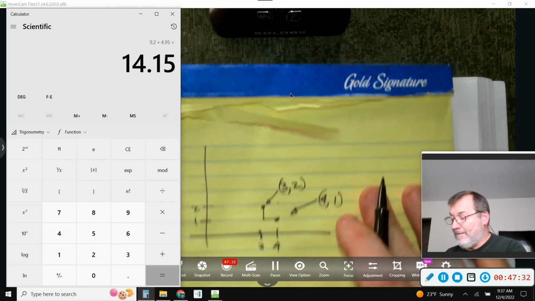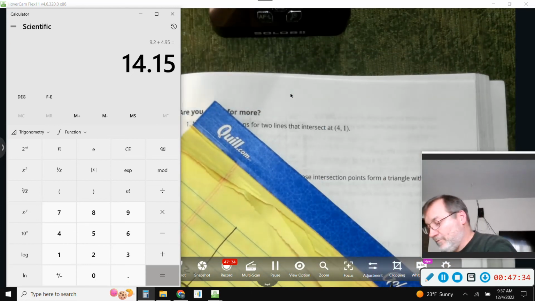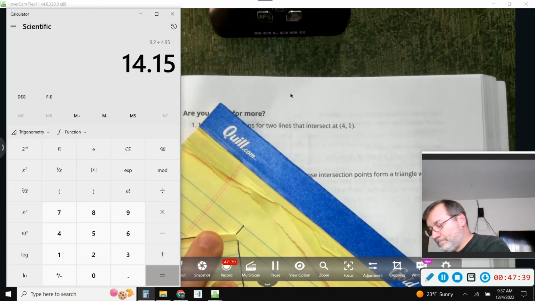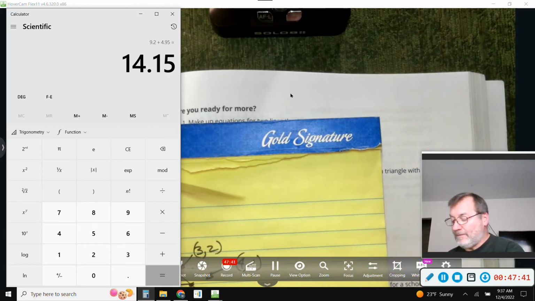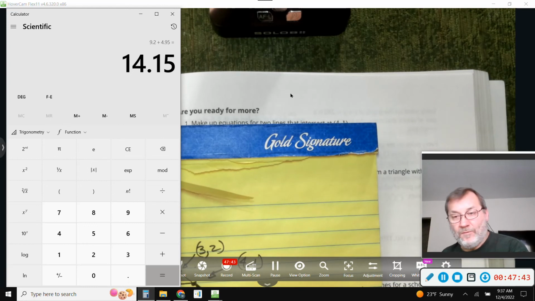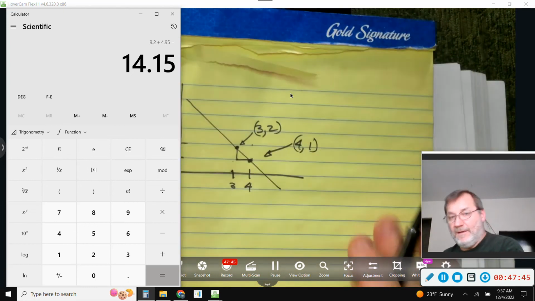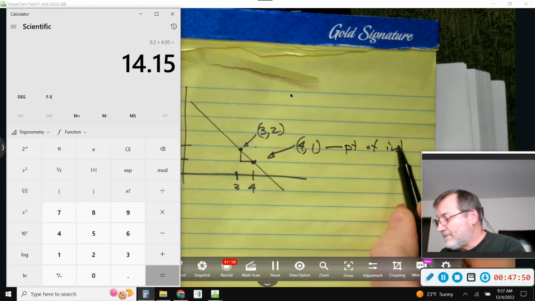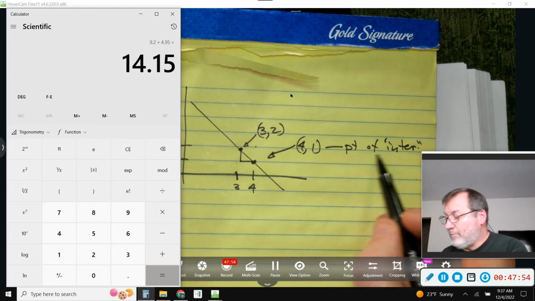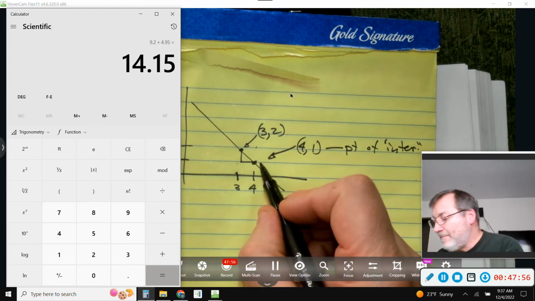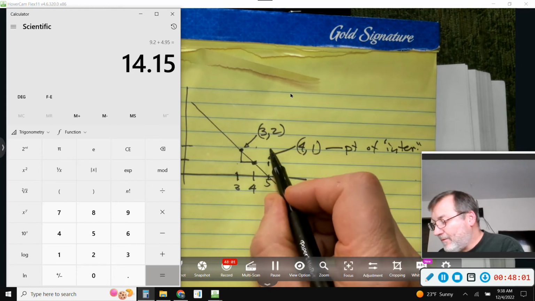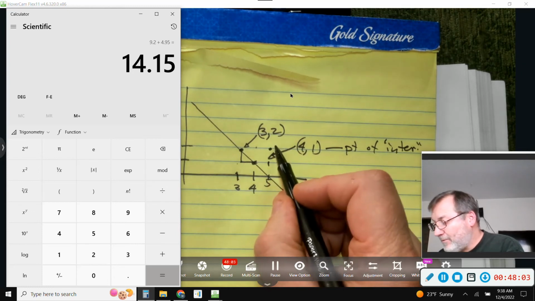All right, and that line will look something like this. Now I need to find another one that intersects at this point. This is the point of intersection. Now I want to go to the right, over to 5, and then up 1 again. So what's that point?